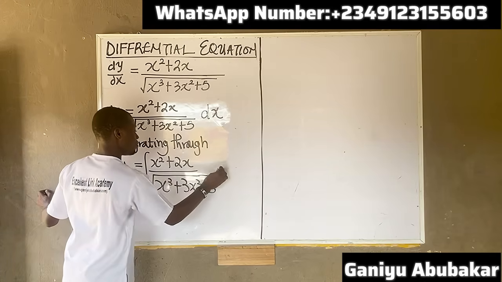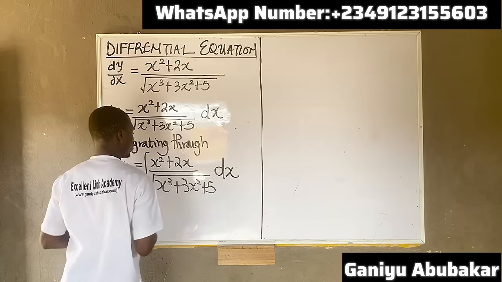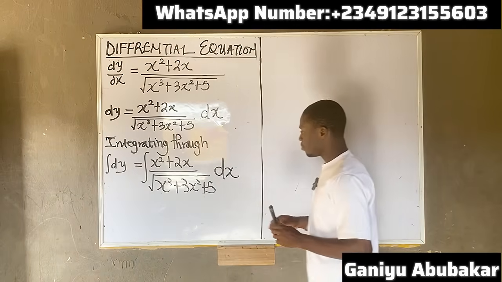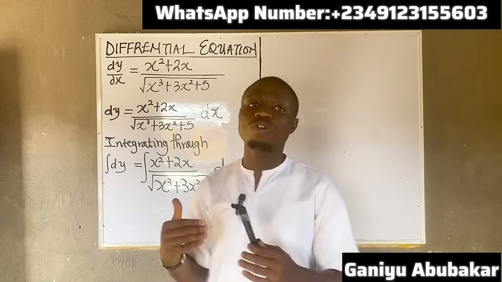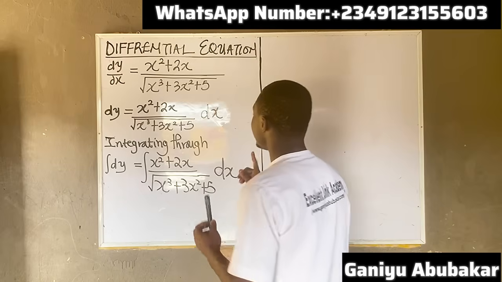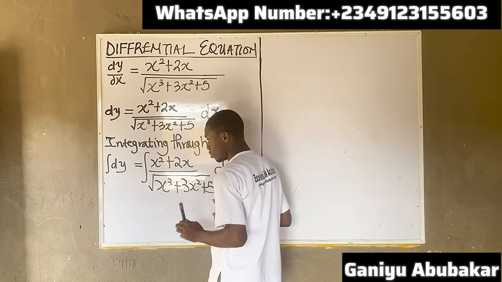Of course, I have with respect to x here. So my next task is to check which method will work for me. In this case, I will see substitution.